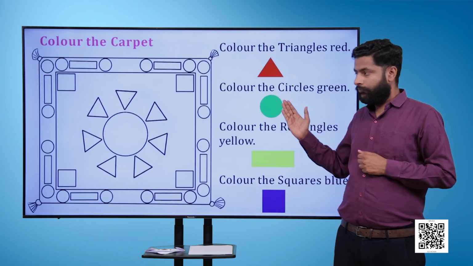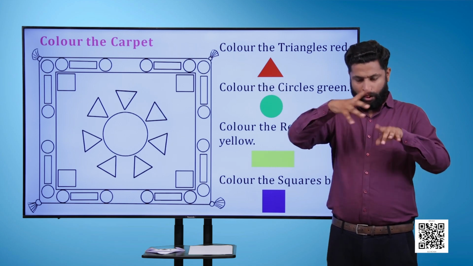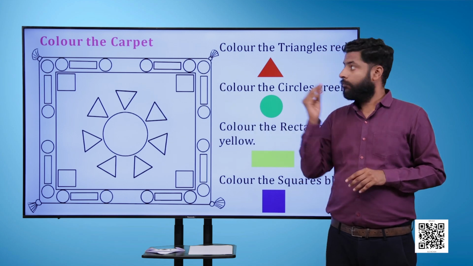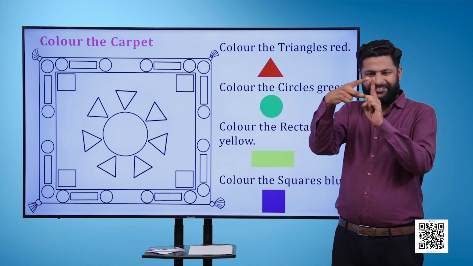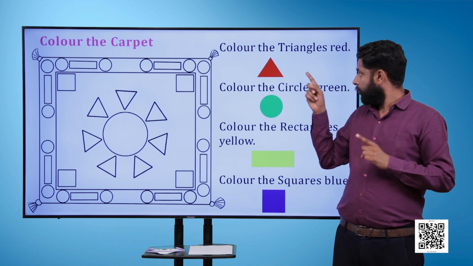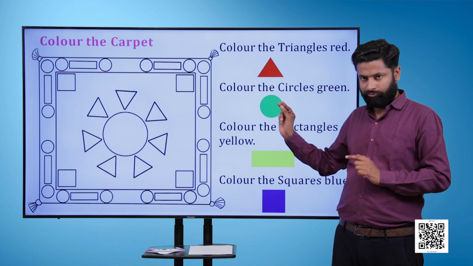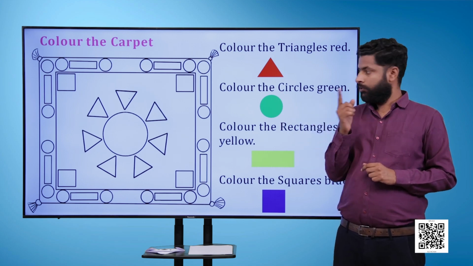Color the carpet. Here we have an image of a black and white carpet. It has different shapes on it. Color the triangles red. Color the circles green.